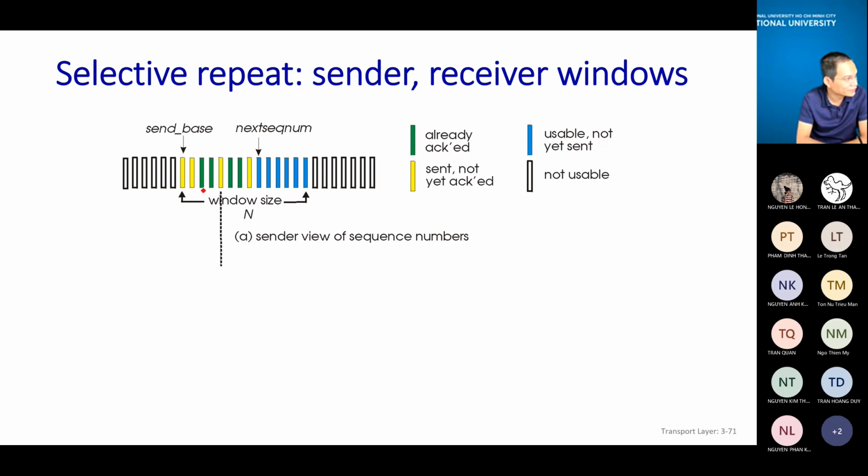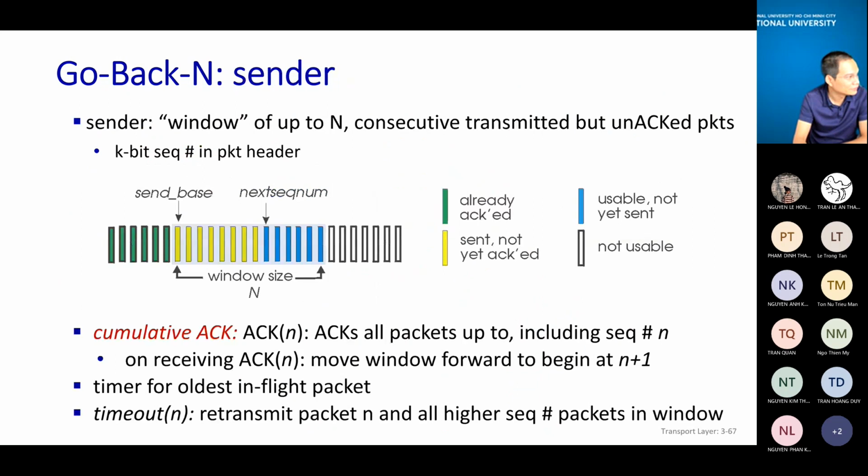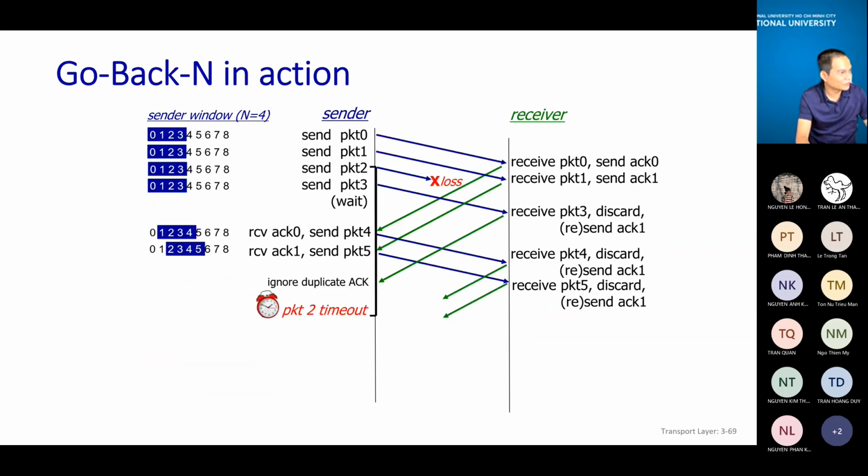We have ACKs here and here. In Go-Back-N, all the ACKed packets we don't care about. Within our window we only contain the unACKed and the unsent, not yet sent packets.